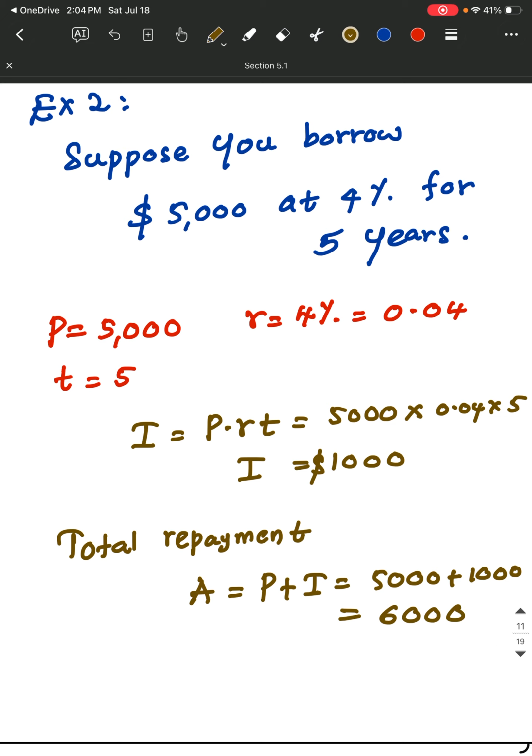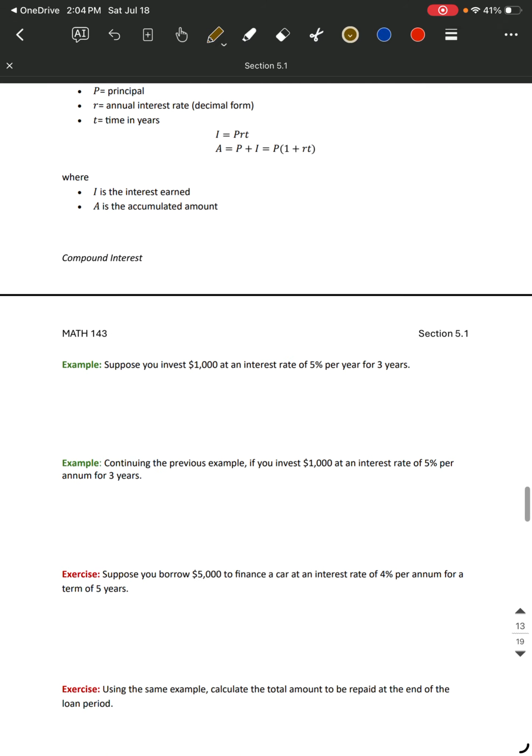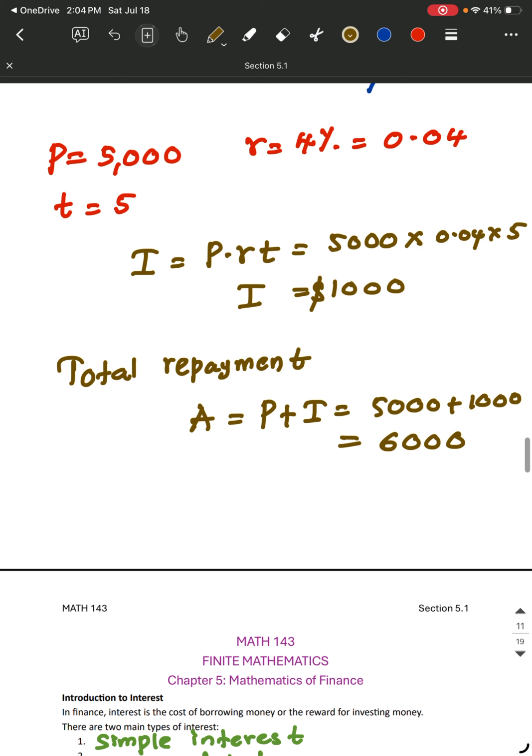Notice that whether we borrow money or invest money, the mathematics is exactly the same. Okay. Right? So then let's use this same formula to find out the time.